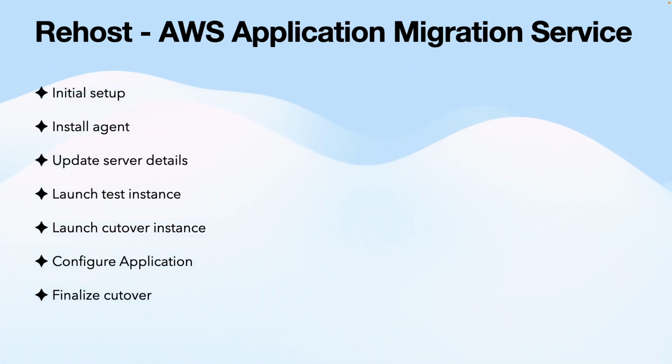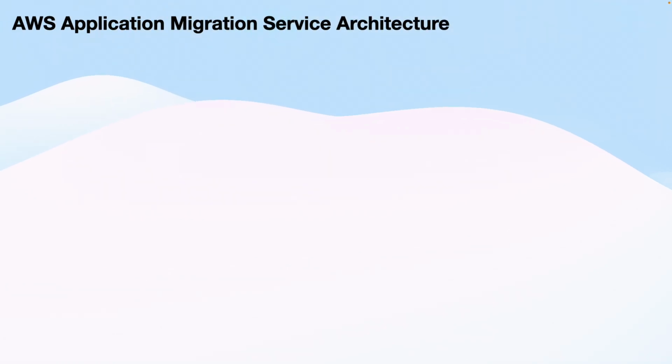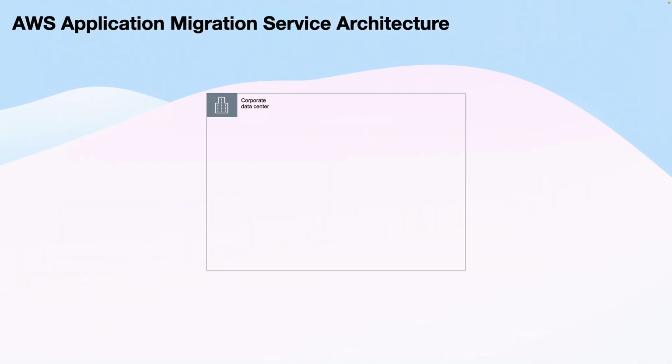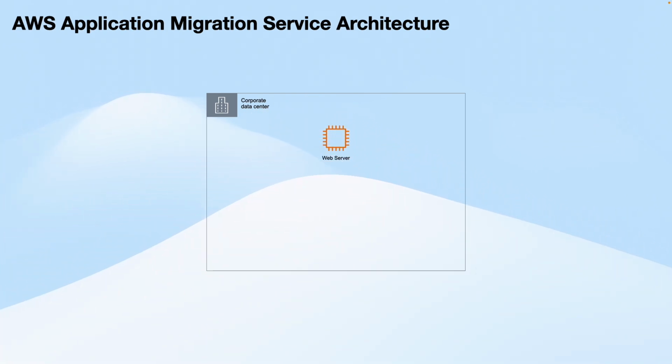Okay, now let's review the architecture that we are going to implement in this demo. I have already created a simulated on-premises data center environment in US West 2 region. I have a web server on an EC2 instance with the WordPress application installed on it. And I have a MySQL server database on an EC2 instance, and configured the WordPress application to use the MySQL database.